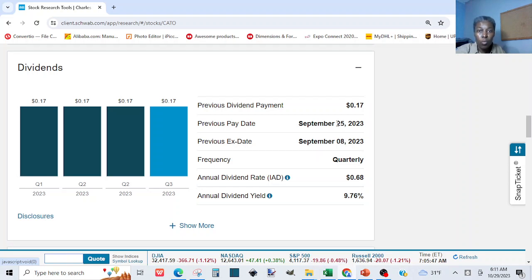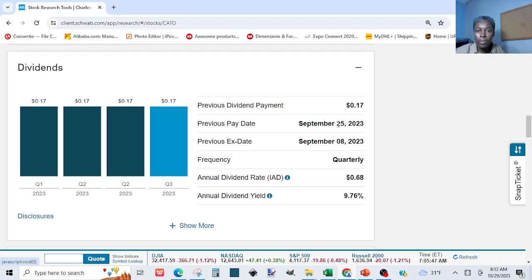And then the next thing you want to pay attention to is which month of the quarter it pays. So this one is in September. Let's see, we have January, February, March, that's quarter one. April, May, June is quarter two. July, August, September is quarter three.